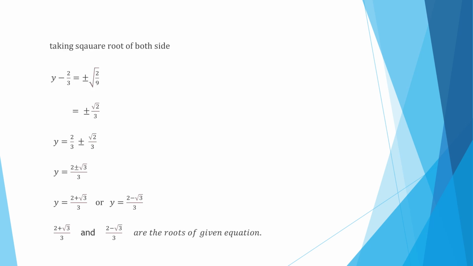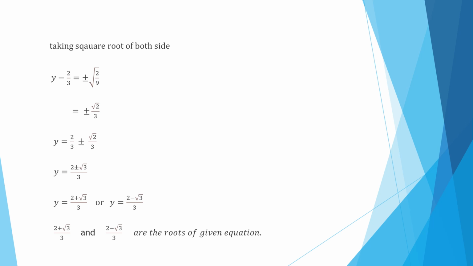Then we take the square root of both sides. Then we get y minus 2 by 3 is equal to plus minus square root of 2 by 9. The square root of 2 by 9 is plus minus root 2 by 3, since the square root of 9 is 3 and the root of 2 is root 2.